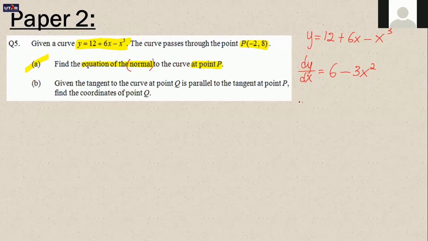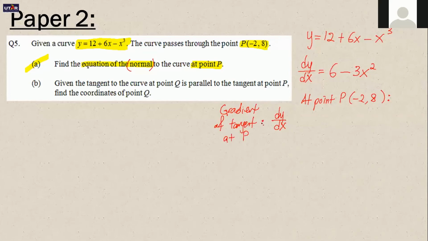So at point P, this is the gradient of the tangent. At P, it is equal to, substitute the x because I need the x value. So 6 minus 3, be careful with the negative sign.